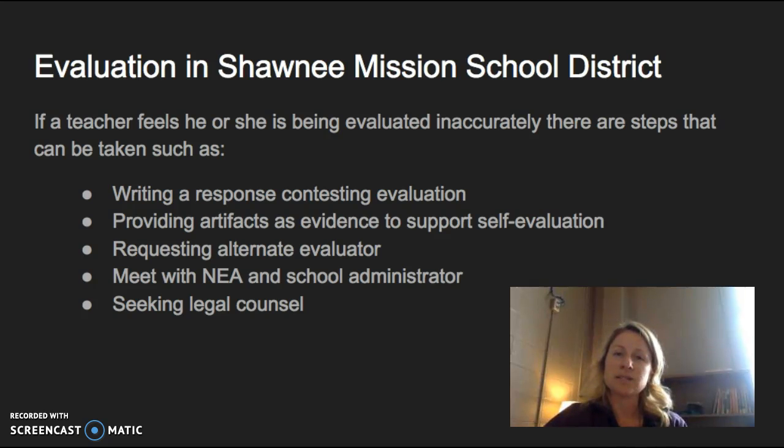If they feel it's more because of a subjective issue with their evaluator, they can request an alternate to get someone else to come in and observe and see what kinds of things are happening there. They can meet with NEA and a school administrator, request a meeting, and discuss what they feel is happening and why. And ultimately, if they felt like they were not renewed or whatever inaccurately, they could seek legal counsel.